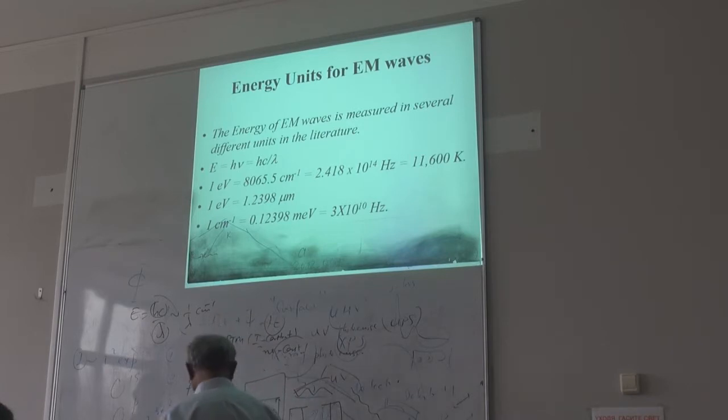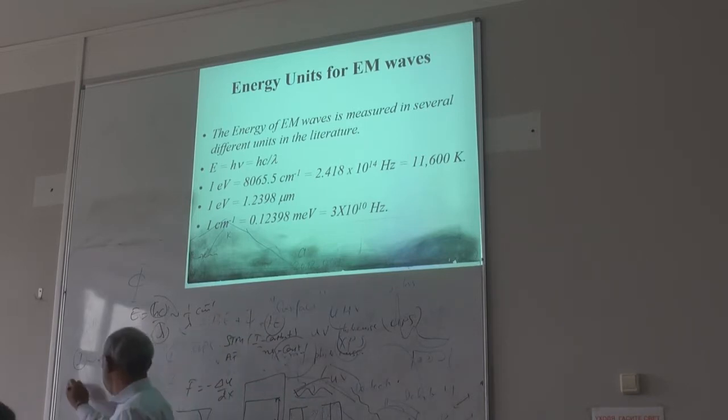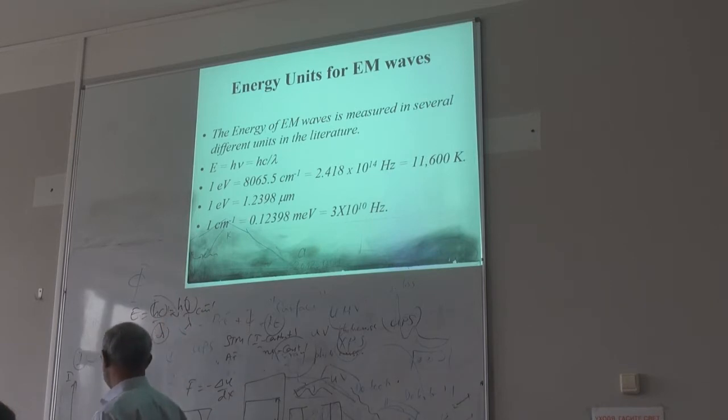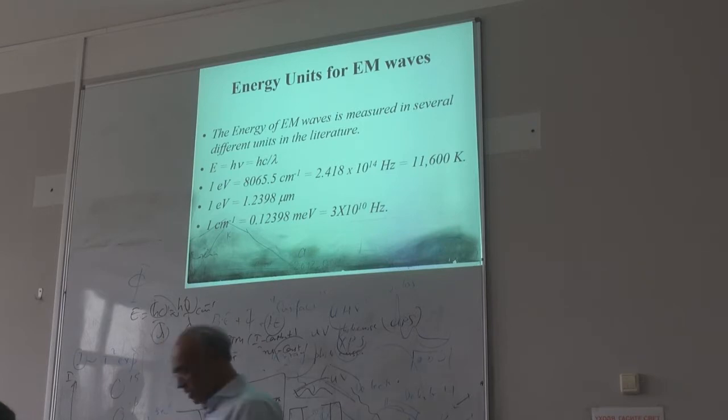So don't get confused. You can have any kind of this energy. This is your intensity, doesn't matter. This is energy unit, can be centimeter inverse. Also, this is h times frequency, right? It can be hertz. Sometimes people even draw this way with lambda. So there are different scales.